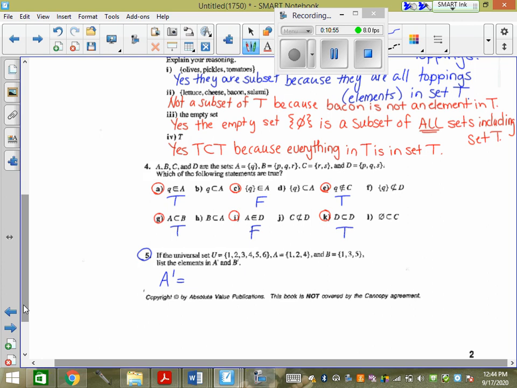We can't state complements unless we actually have a universal set, correct? Or else who knows what the other numbers could be. So A is 1, 2, 4, so the complement of A would be 3, 5, 6. B is 1, 3, 5. So what's the complement of B? 2, 4, 6.